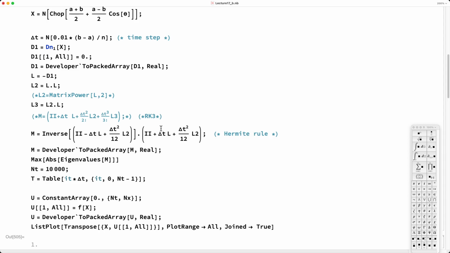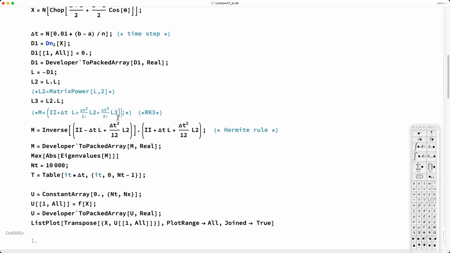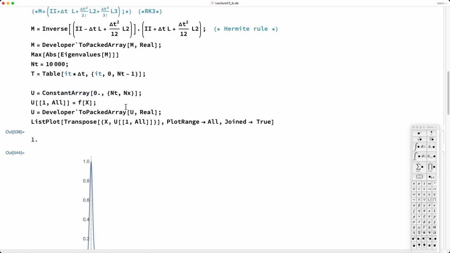If we wanted to do the trapezoidal rule, all I have to do is skip this term and skip this term, and then that would be the trapezoidal rule.